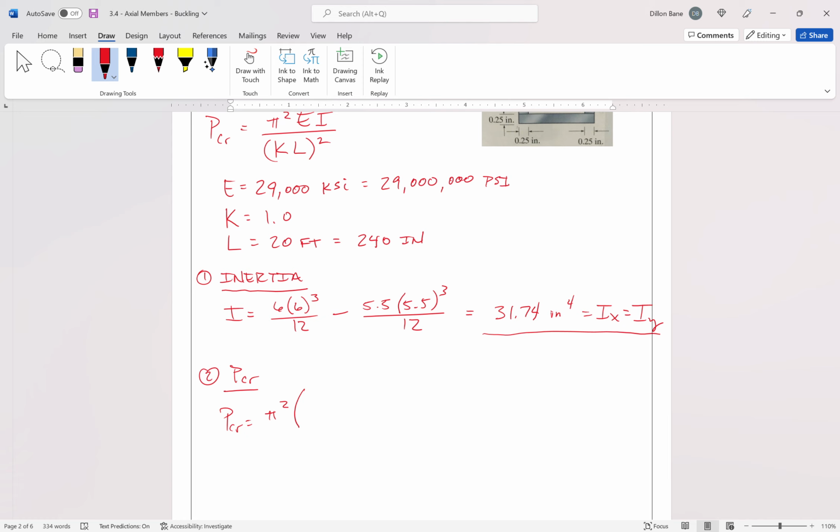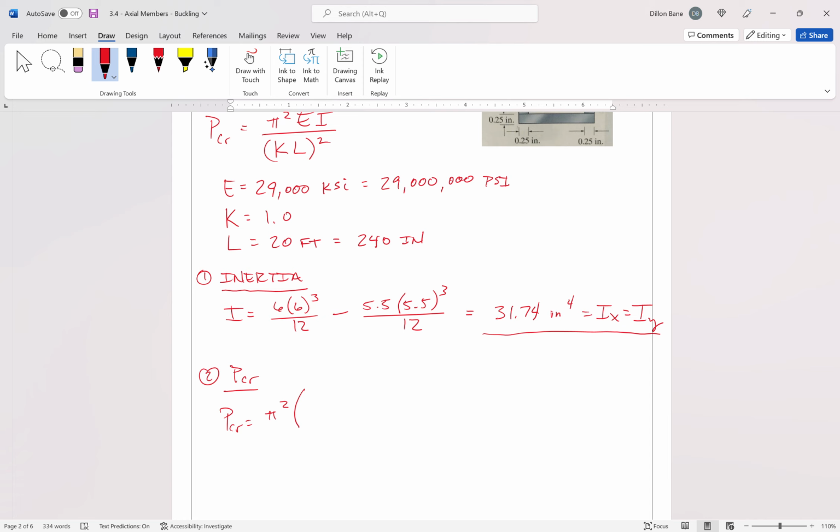Make sure that you are paying attention to your units right here. We've got a stress, a force per area, for the modulus of elasticity. We've got length to the 4th power for the inertia. The K value is unitless. Length is obviously a length, and it gets squared. So we need to make sure we use the same units for everything.